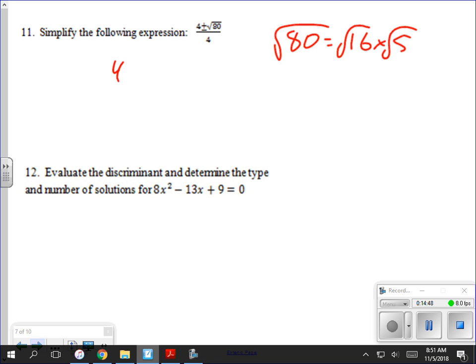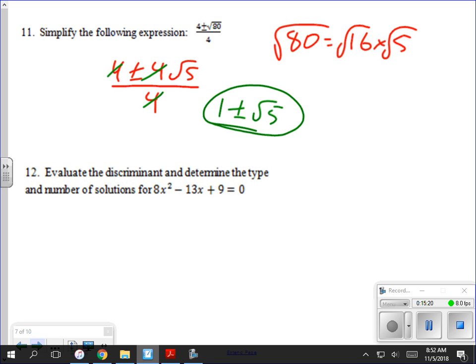So I have 4 plus or minus 4 root 5 over 4. And once again, if I can divide everything, all the whole numbers, nothing inside the radical. All three terms are divisible by the same number. In this case, they're all divisible by 4. That gives me 1 plus or minus root 5. And I have my 1 in my denominator, but anything over 1 is just that.